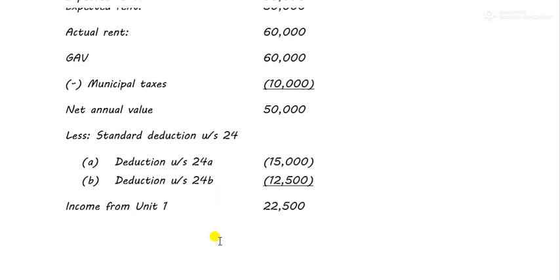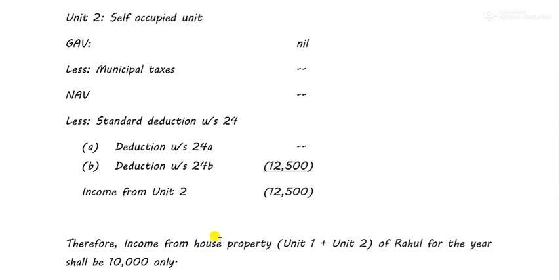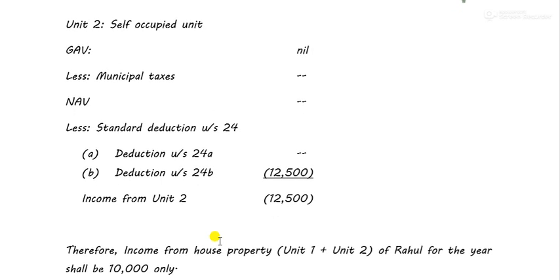Now let's come to income from unit 2, which is very easy, a self-occupied unit. For a self-occupied unit, things become very easy because the gross annual value is nil. You will not have to calculate the expected rent or the actual rent because it is self-occupied, so the gross annual value is nil. Now there are municipal taxes paid, but where will you deduct them?